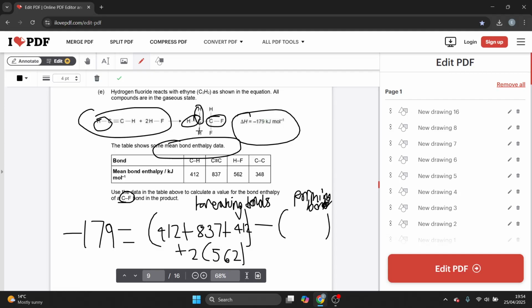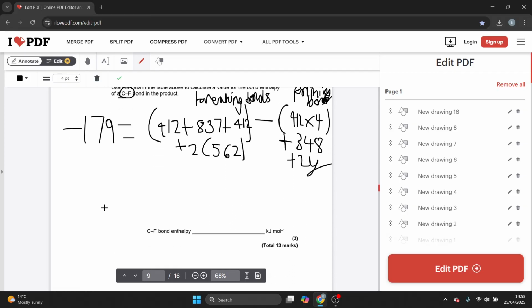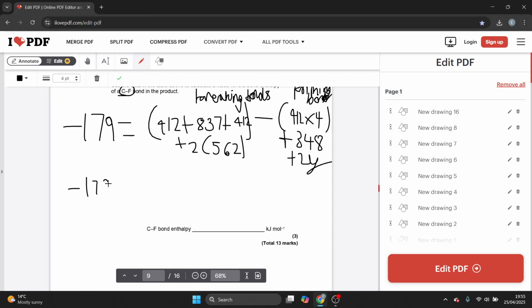So that's 412 times 4, plus the carbon-carbon bond, 348. And don't be fooled, there are 2 C-F bonds, which I almost fell for, plus 2y. Simplify it. Don't just simplify the first bracket, then the second bracket, and move on.